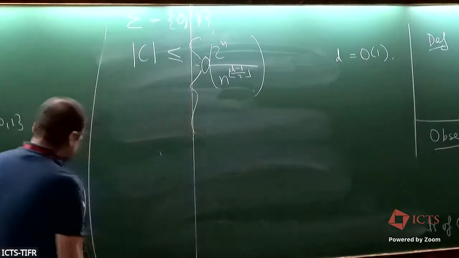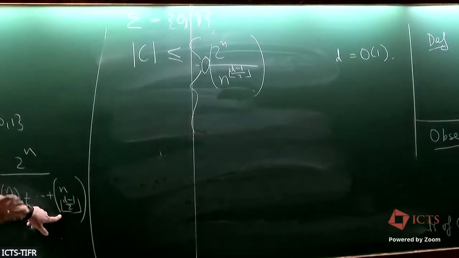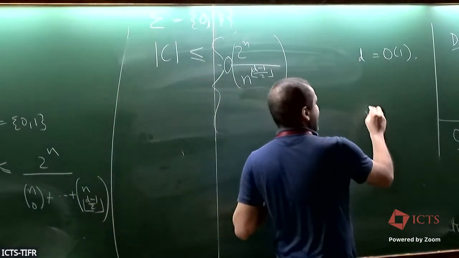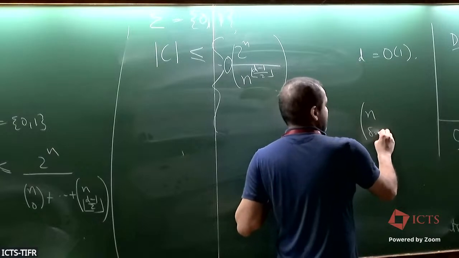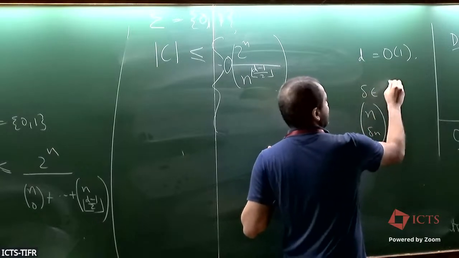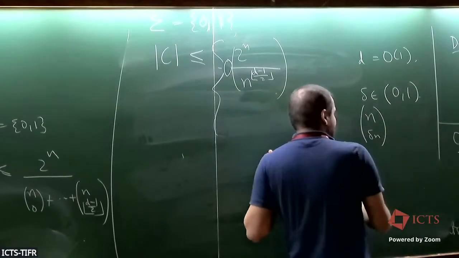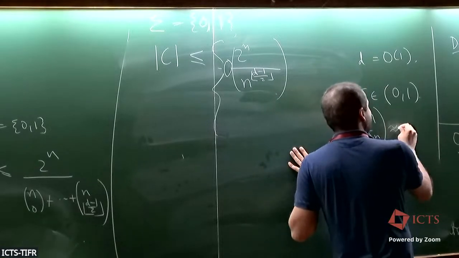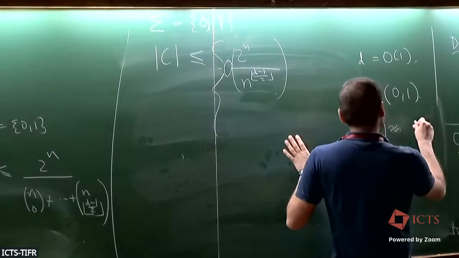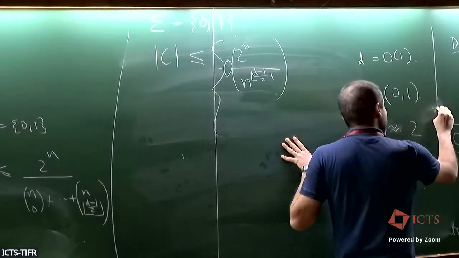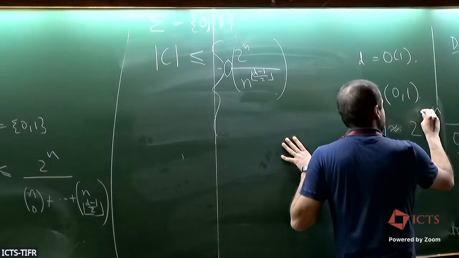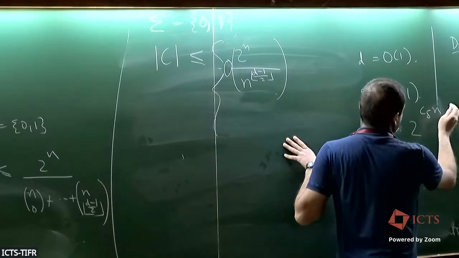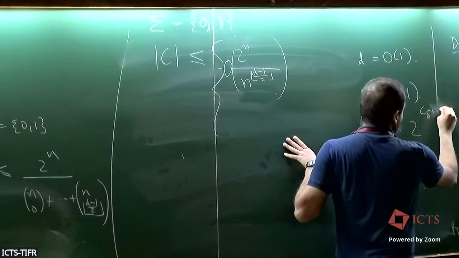So if you open up what this means using Stirling's approximation for factorials and you do some stuff, then the fact is that n choose delta n, when delta lies in the interval 0, 1, is about, there are some lower order things, 2 to the some constant depending on delta times n, plus little o of 1.